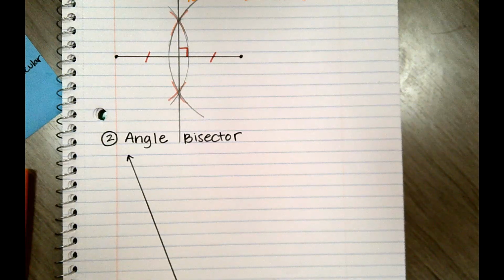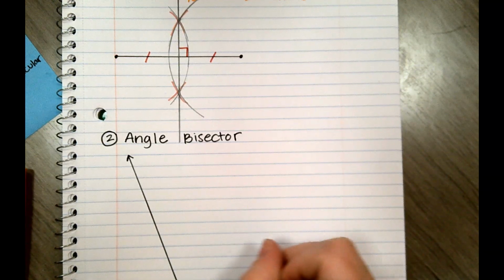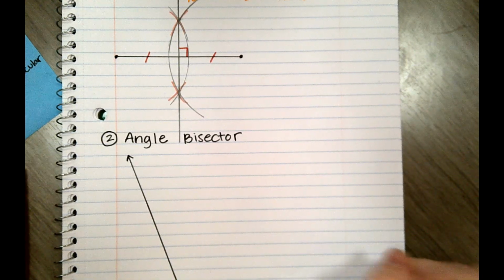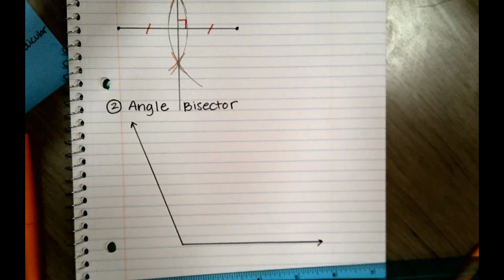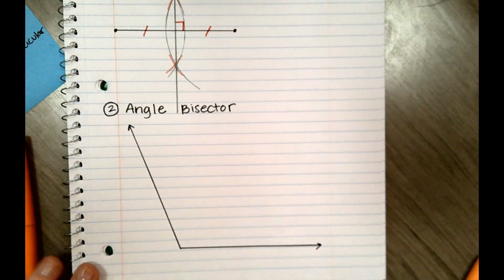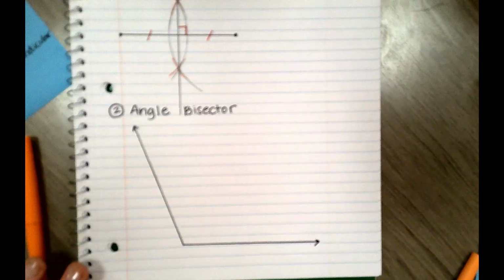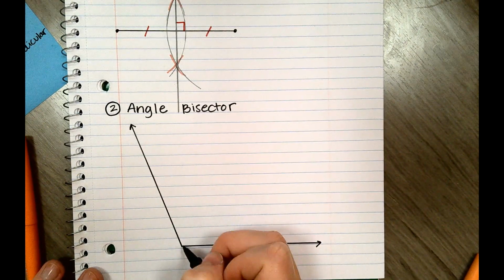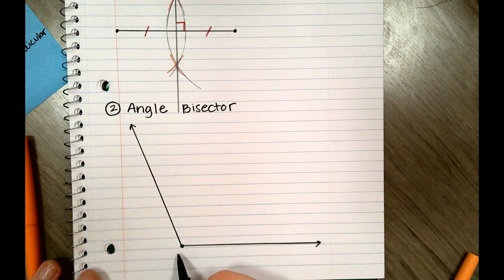You can't see it on my screen yet, but I'm drawing another ray coming out like that. Here is my angle, and we're going to mark the vertex.